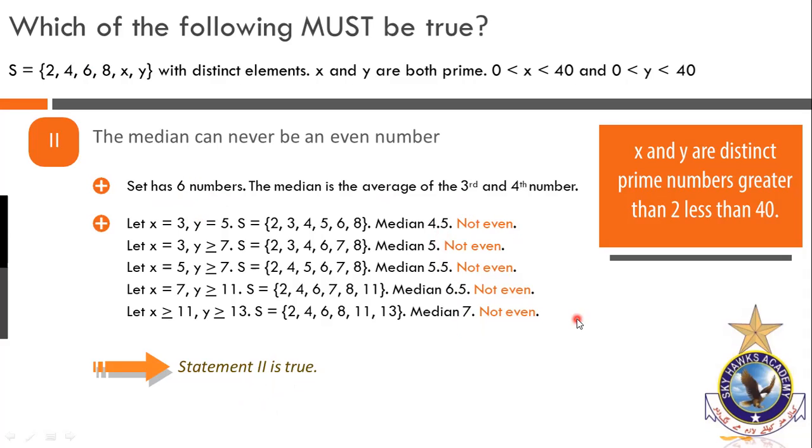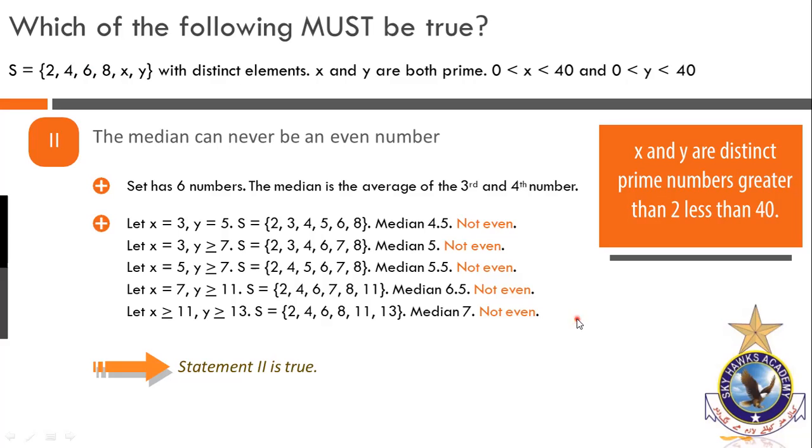And the second statement is by all means true, that whatsoever x and y values are given with the given restrictions, the median cannot be an even number. So both the statements are true for each and everything.